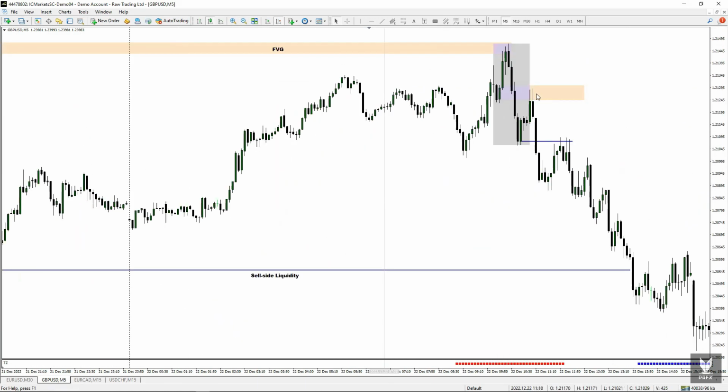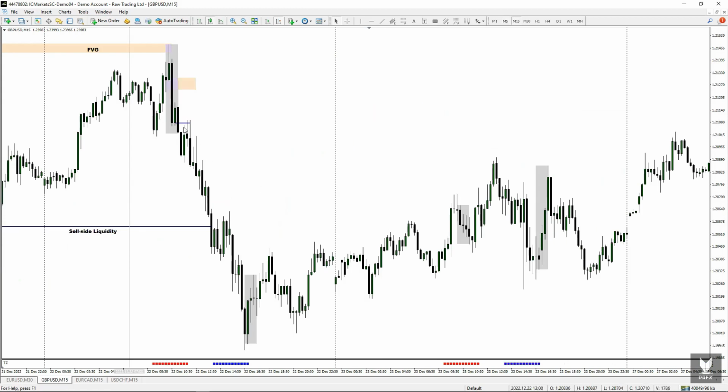So an early entry would have been around this breaker block, and the entry we were referring to would have been here, this order block, which appears to be a mitigation block on the 5-minute time frame. This is the break below the defining range, which confirms that we would start looking for setups within the defining range.